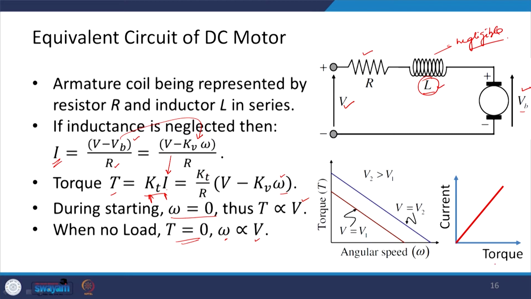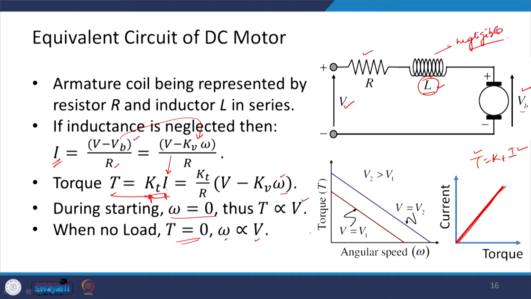You see that our equation for torque and current is T equals kT times I. So, as the current increases, the torque increases. You can see the linear relationship over here.